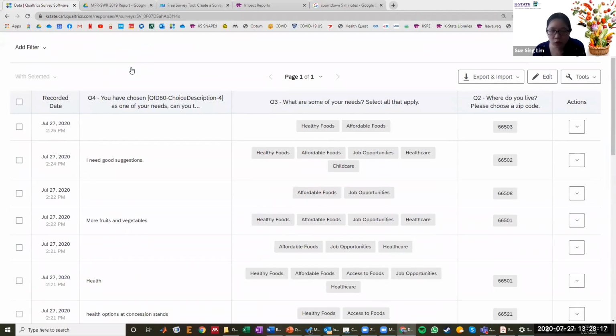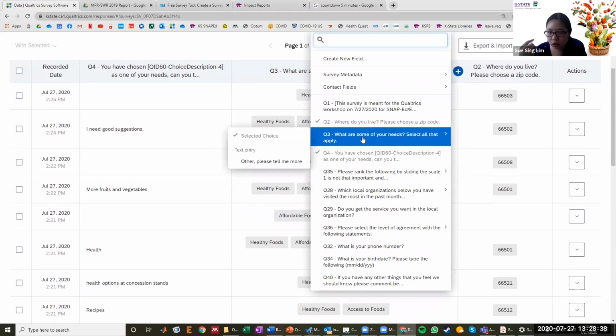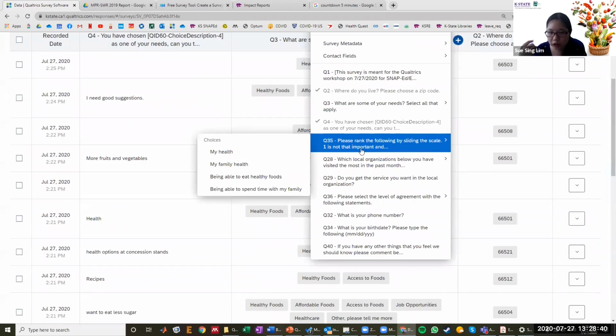Data analysis is where it shows all your responses. Each row is represented by each person who filled out the survey. You can also look at, so it only shows question 4, 3, and 2. What you can do is click add, so plus sign add, and you can choose the question you want to look at, like this one.